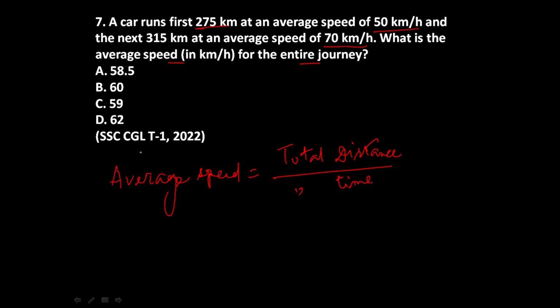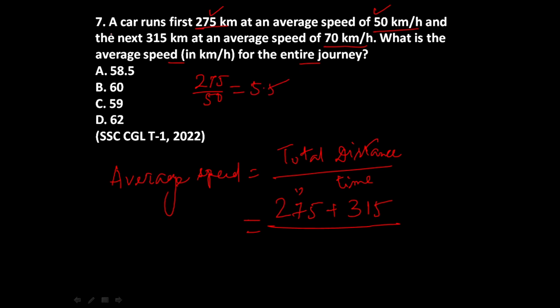Right? So in this question, what's the total distance? The total distance is 275 plus 315. And what's the total time? For the first 275 km at an average speed of 50 km per hour, the time is 275 upon 50, which is 5.5.